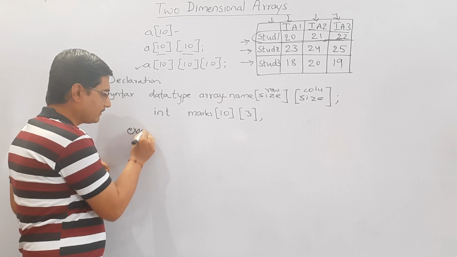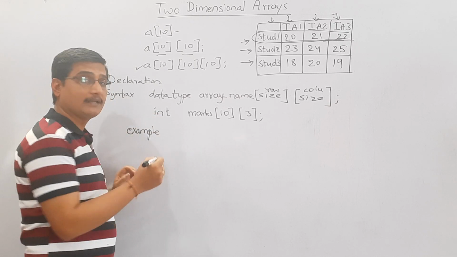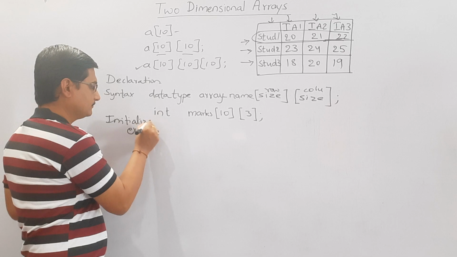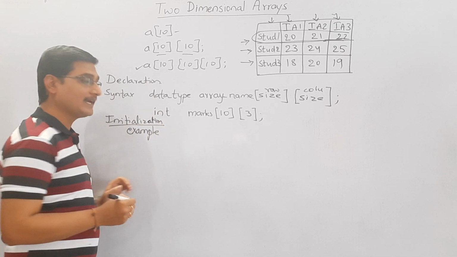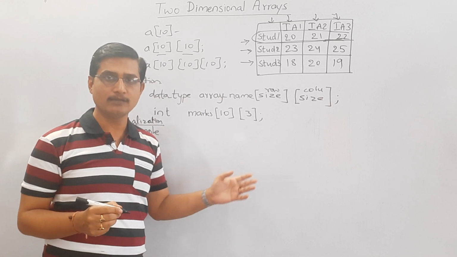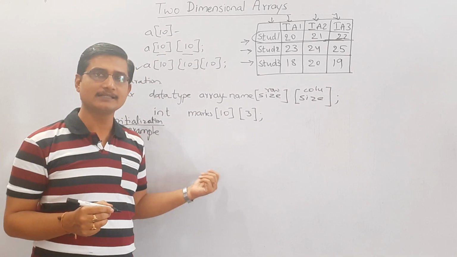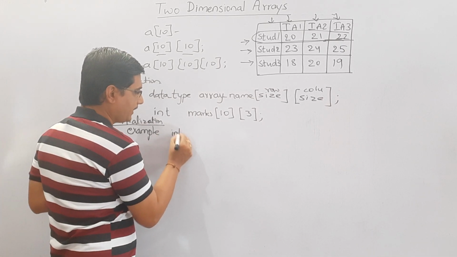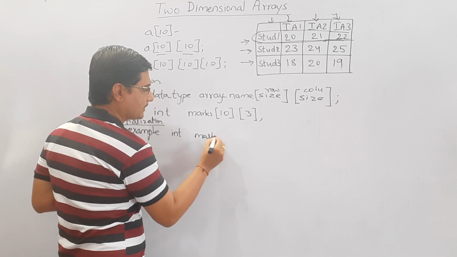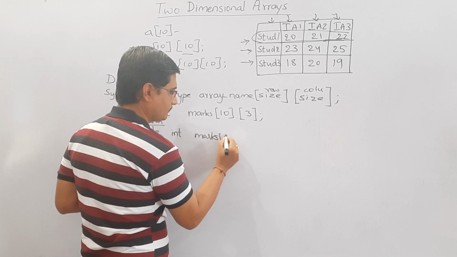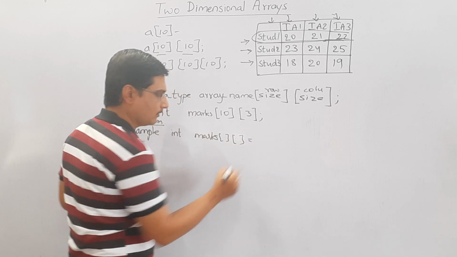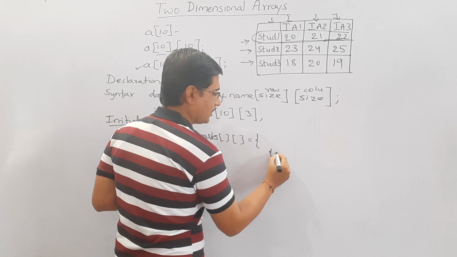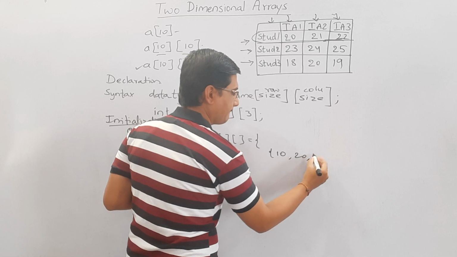Say if I want to take a particular example, how we can initialize it. Initialization is done at the time of declaration. If you want to assign values to the array elements, then it is called initialization. For example, int marks equal to, say I want to have 3 internal marks, so say it is 10, 20, 25.